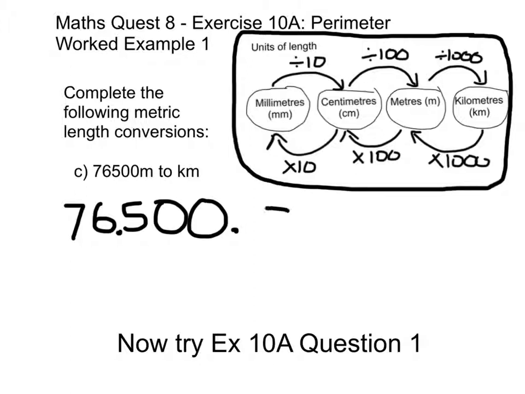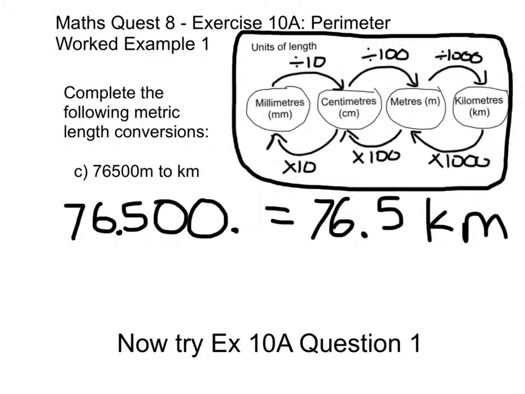So what we've got is 76.5 kilometres, because we did our 3 jumps to the left. So that means that 76,500 metres is the same as 76.5 kilometres.